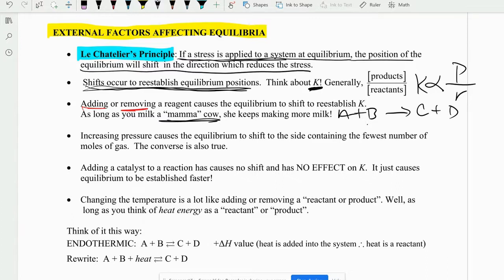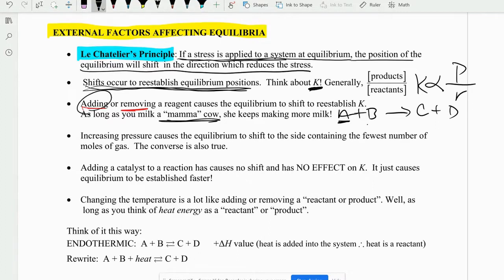What if I removed A, whatever species A was? Well, if I remove A, wouldn't it make sense that the reaction is going to shift to the left to try to make up for that? So that's kind of what this bullet point is saying.